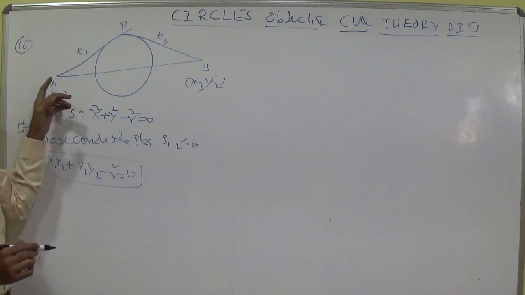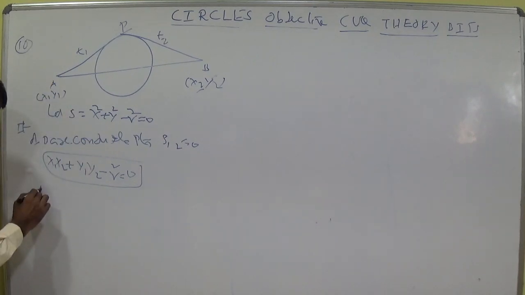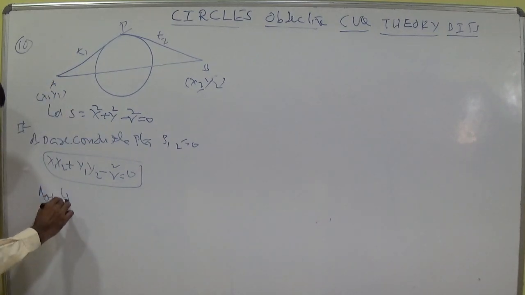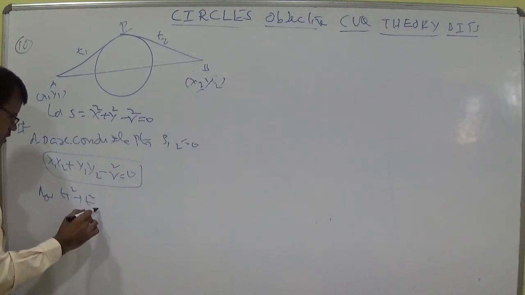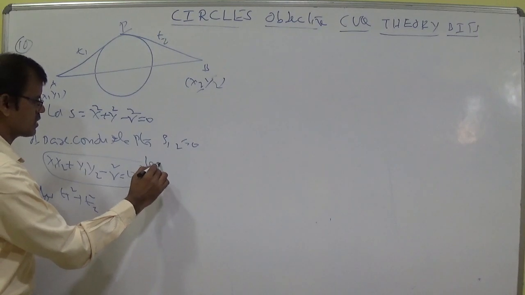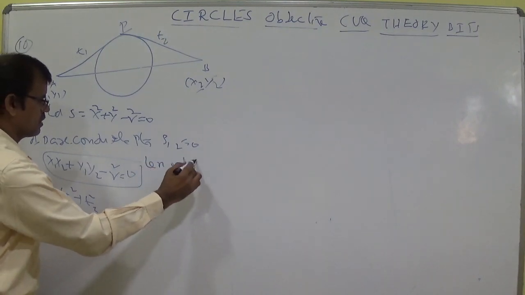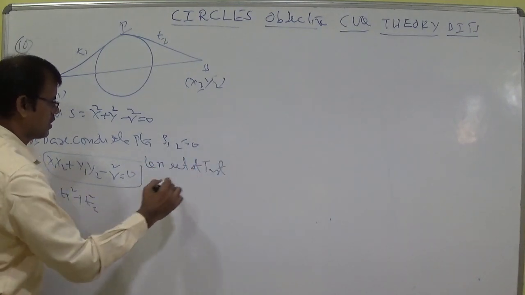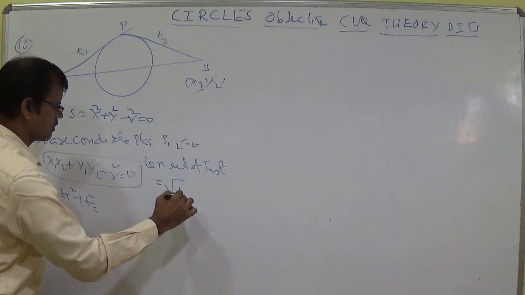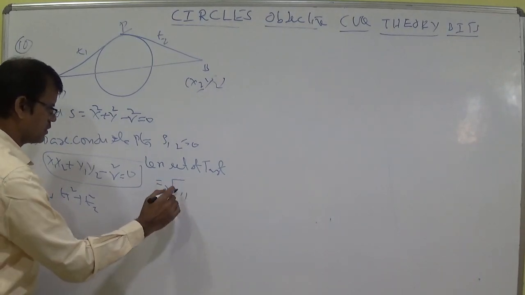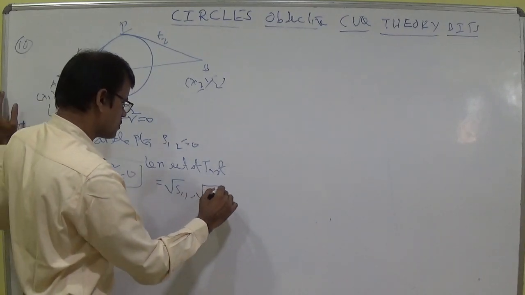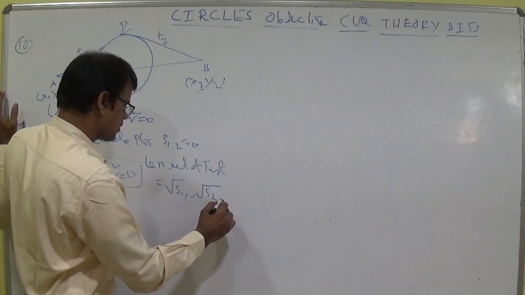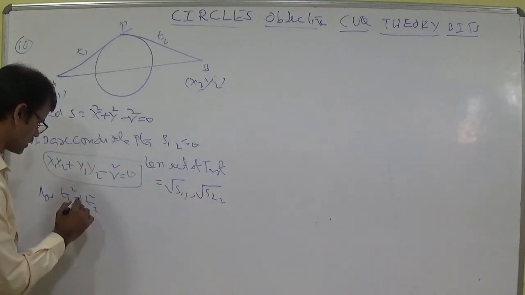Now T1, what is T1? Length of tangent. Now I am writing T1 square plus T2 square. T1 comma T2 are lengths of tangent. Length of tangent formula is root S11. Depending upon x1 comma y1 it is root S11, depending upon x2 comma y2 it is root S22.